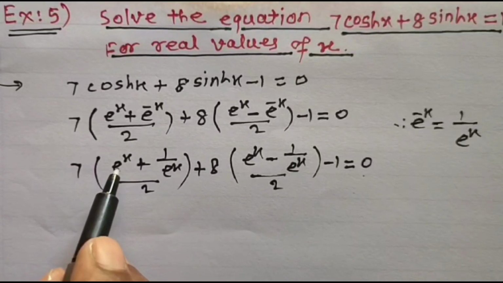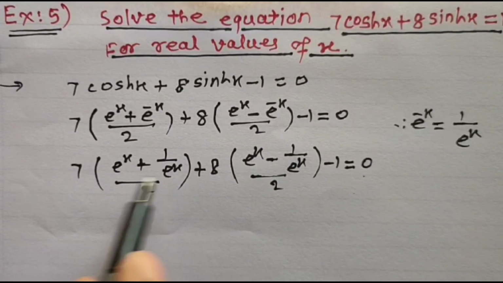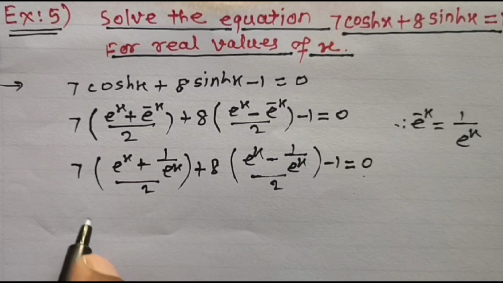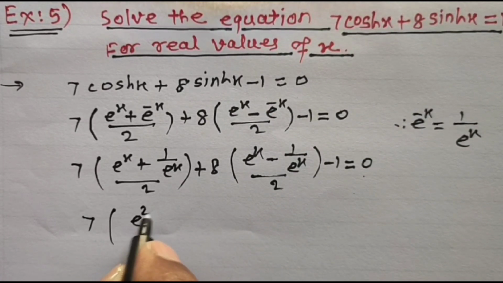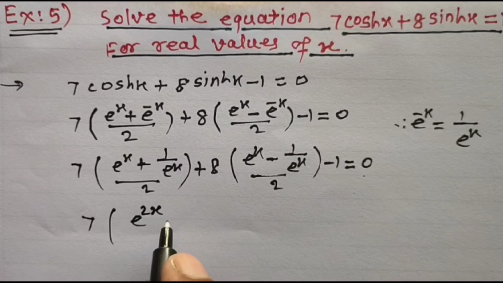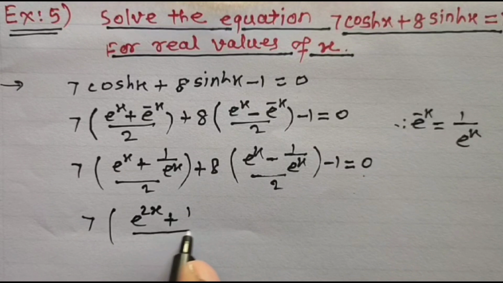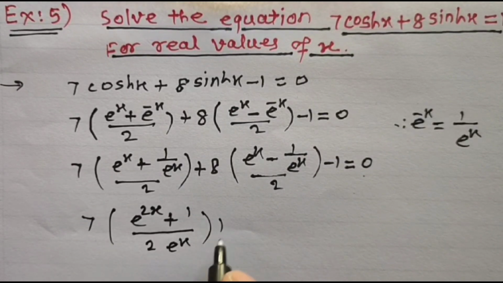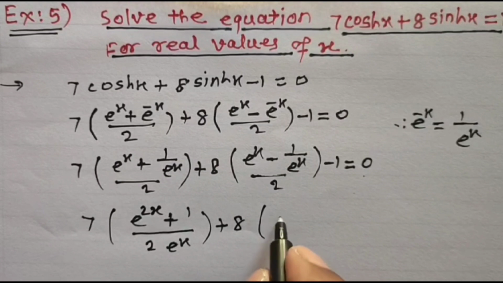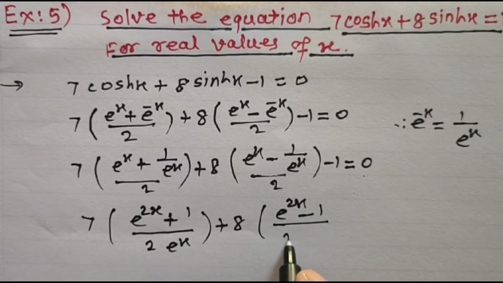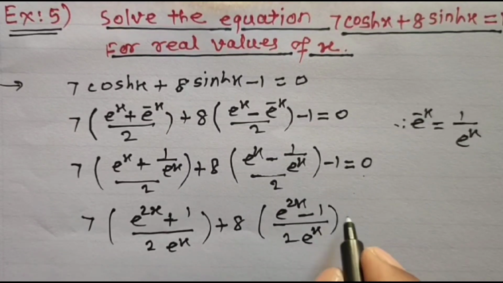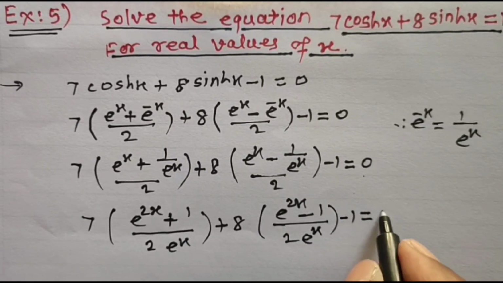Now taking cross multiplication, e to the power x into e to the power x, that is e to the power x squared. So 7 times (e to the power x squared, which can be written as e to the power 2x, multiplication of powers, plus 1) divided by 2 times e to the power x, plus 8 into e to the power 2x minus 1 divided by twice e to the power x, minus 1 is equal to 0.